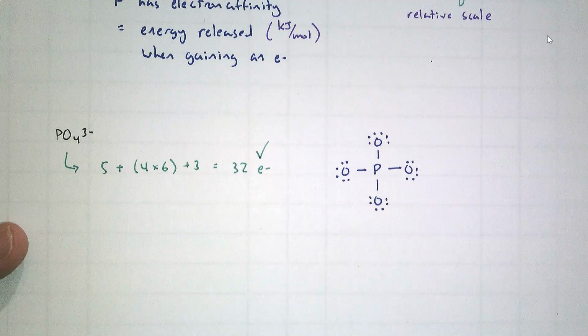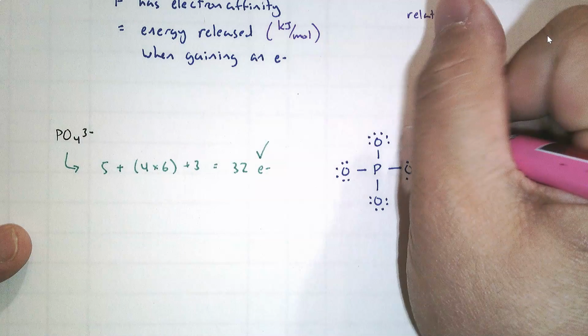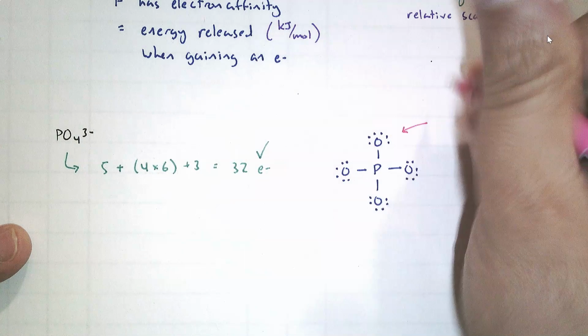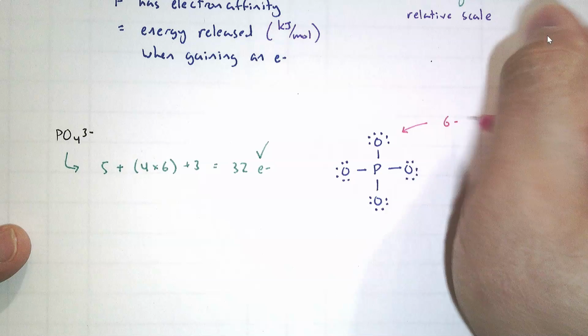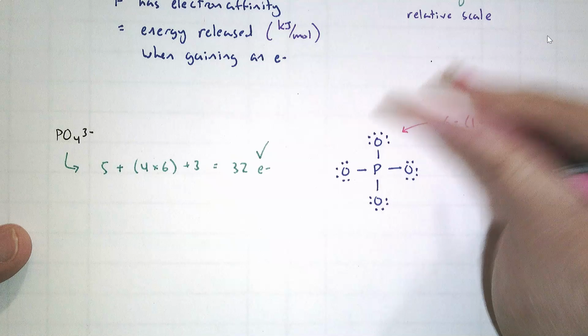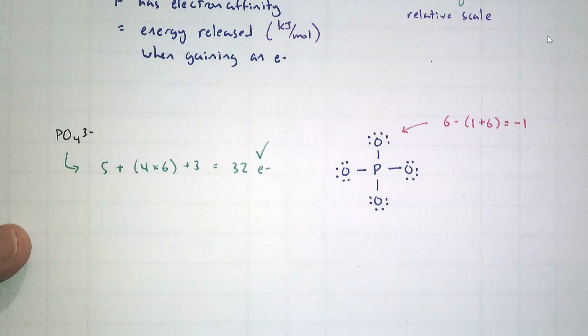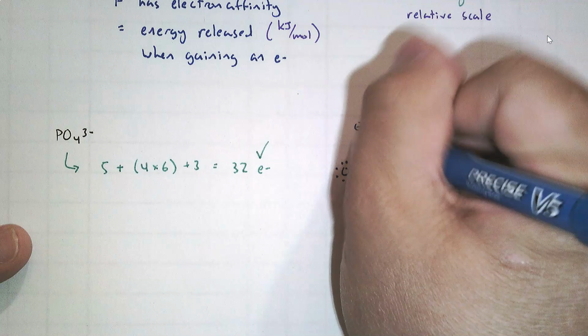The formal charge is going to alert us to a problem. Again, formal charge is the number of valence electrons minus sticks, 1, plus balls, 6. That's -1. So all of these oxygens are -1.